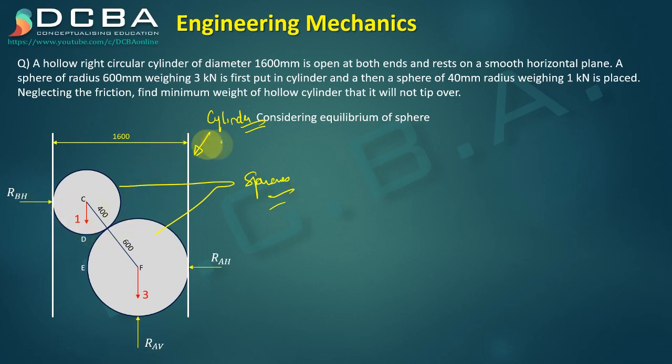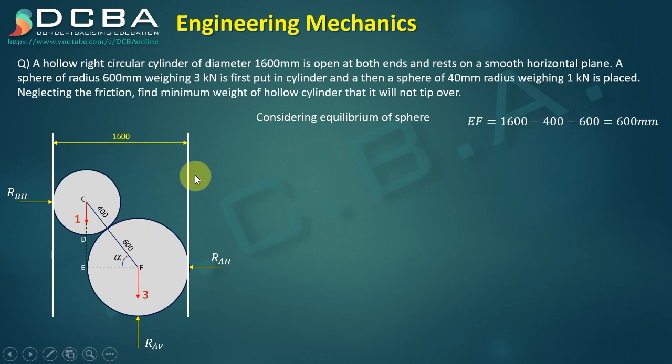So the equilibrium of the cylinder, this we are considering later on when we are finding the tipping thing, when we take the summation of moment at this point. But equilibrium of spheres will help you in finding this RBH and RAH, okay? And the same conditions of equilibrium apply here as well.